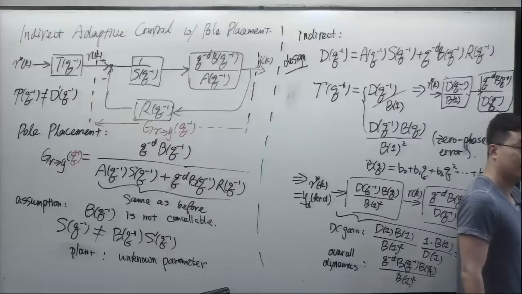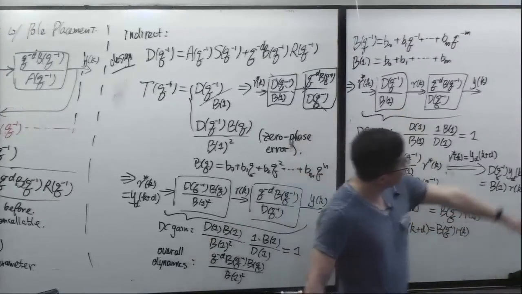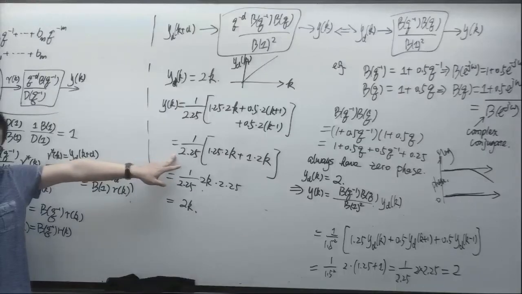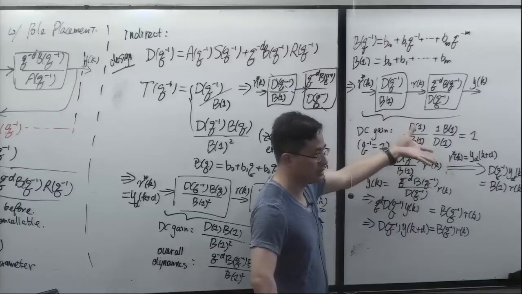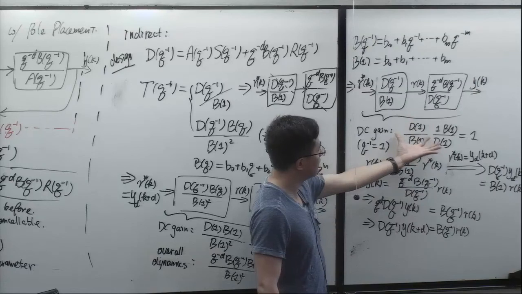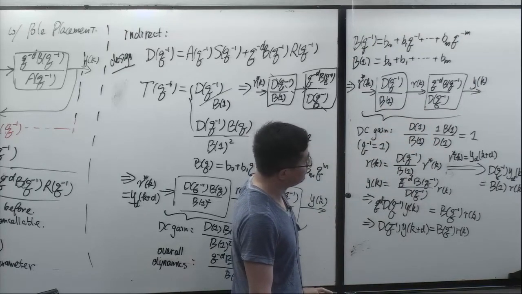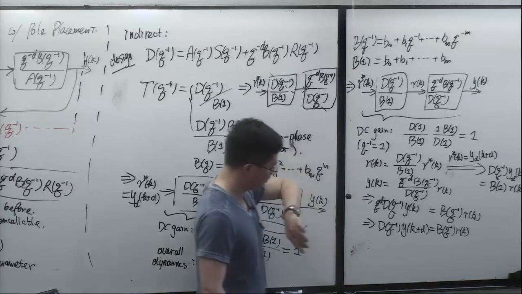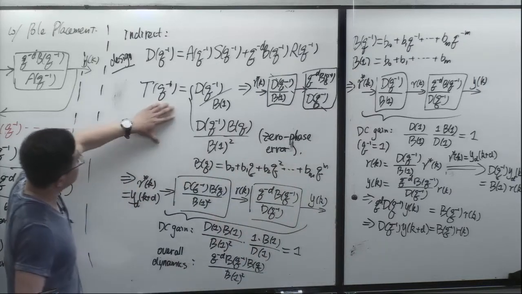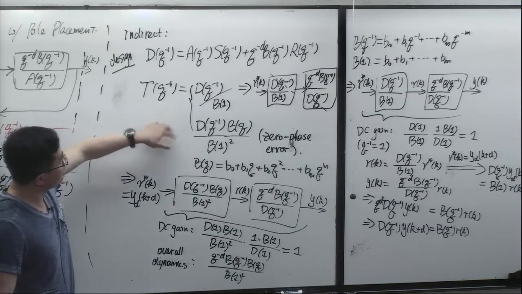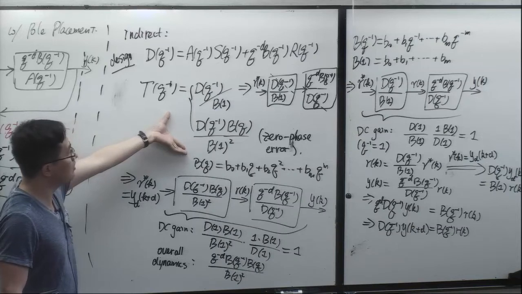You can check. If you just use this type of design, you won't be able to get perfect tracking with this type of signals. Because the true reason is that this is not a zero phase type of structure in the end. So that's two designs, essentially, to give you still some good tracking performance.